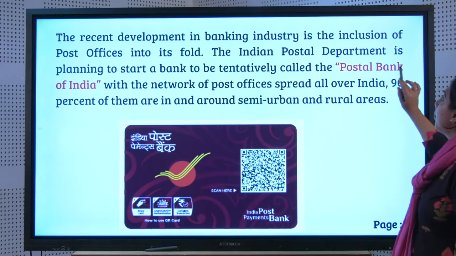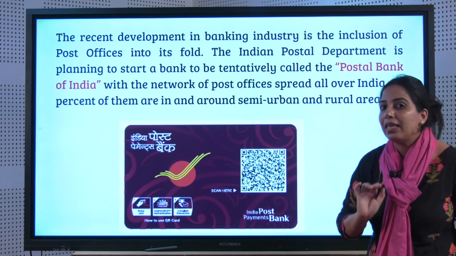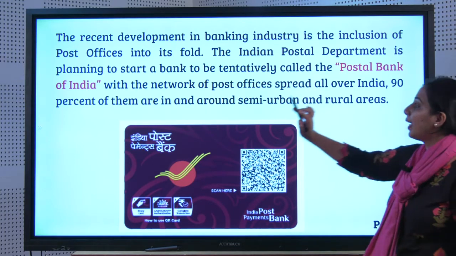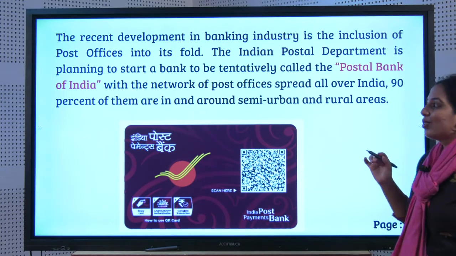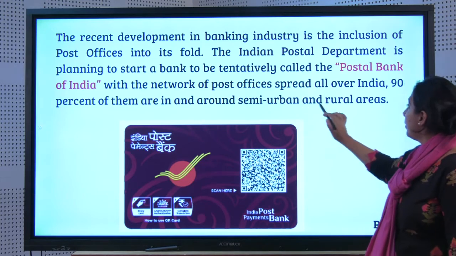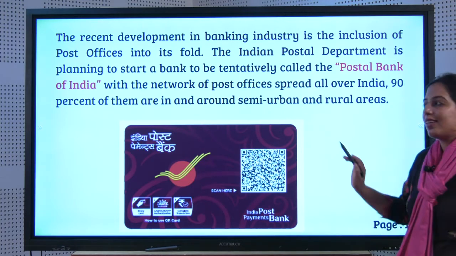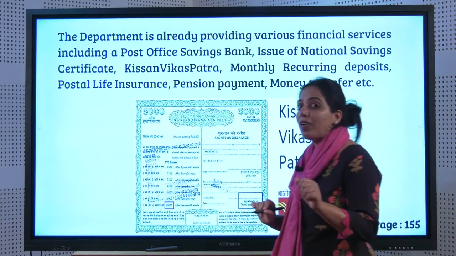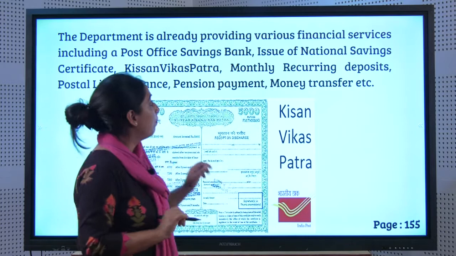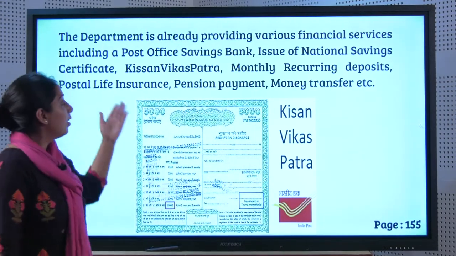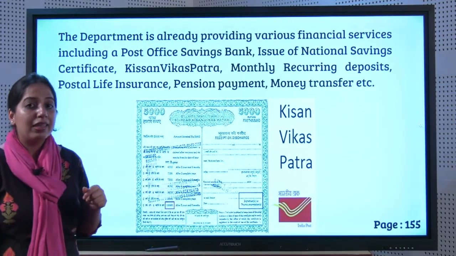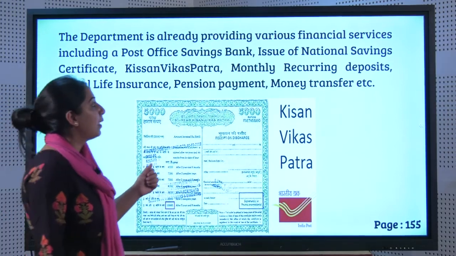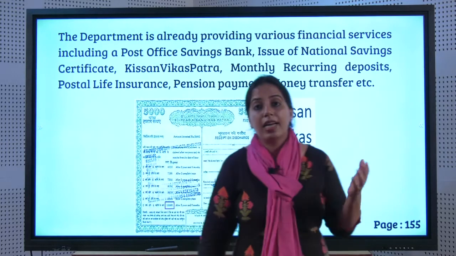The Indian Postal Department is also planning to start a bank. What would their bank be called? The Postal Bank of India, so that they can reach the semi-urban and rural areas. The Department of Post also provides certain services of banking. For example, the Post Office Savings Bank, they issue National Savings Certificate, Kisan Vikas Patra, recurring deposits and so on.